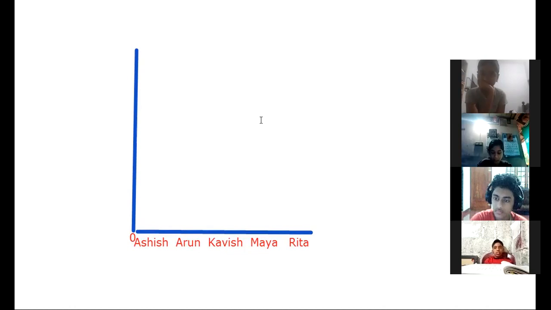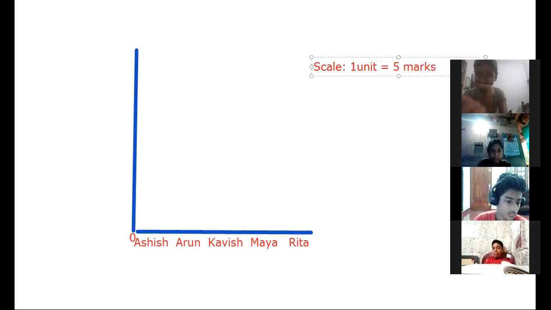Then which is our appropriate scale? 0, 5, 10, 15, 20, 25, etc. So scale means 1 unit is equal to, what should be our 1 unit? It should be 5 marks. 1 unit is equal to 5 marks.